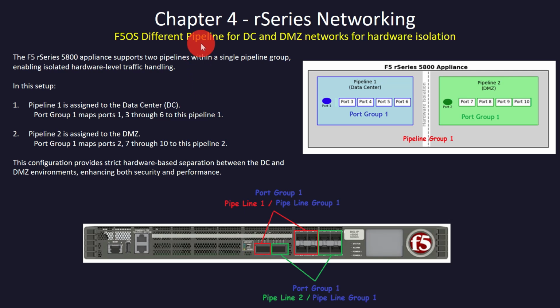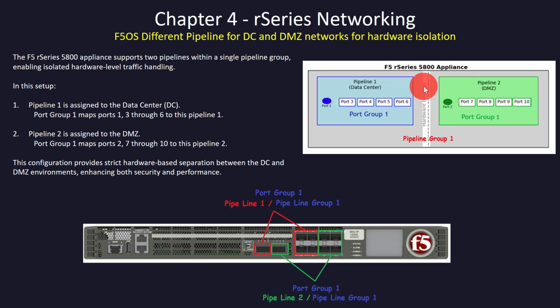We will discuss how we can achieve our requirement. The F5 rSeries 5800 appliance supports 2 pipelines within a single pipeline group. This enables isolated hardware-level traffic handling.